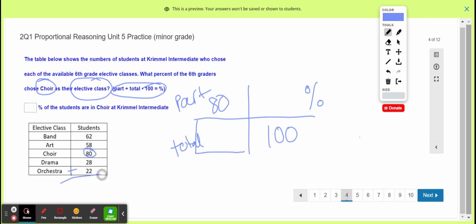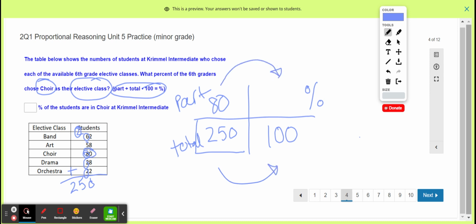We're going to add all these up. 8 is 16, plus 4 is 20, and that's 2, 4, 6, 12, plus 8 is 20, plus 5 is 25. The total is 250. So now we look for relationships here and here.